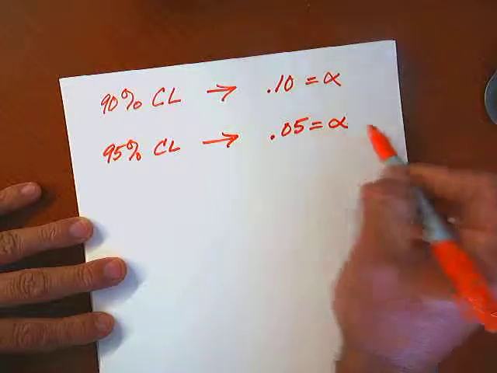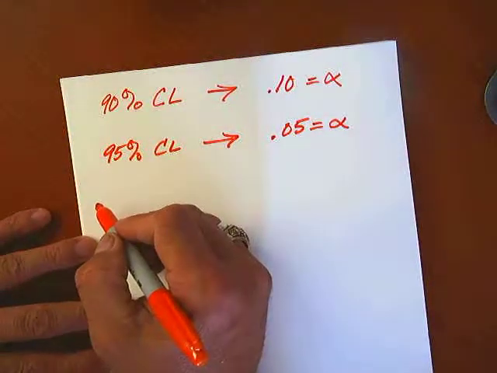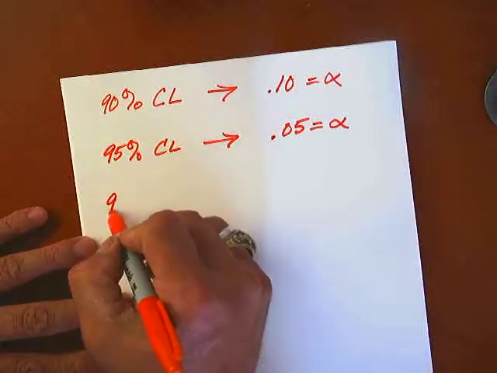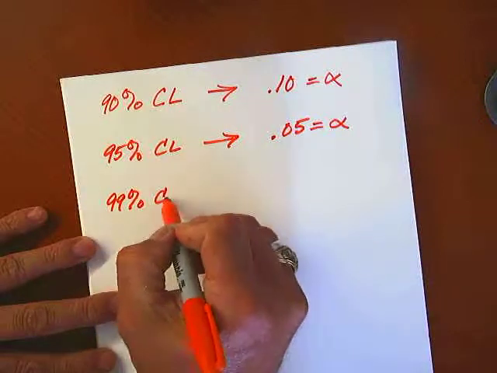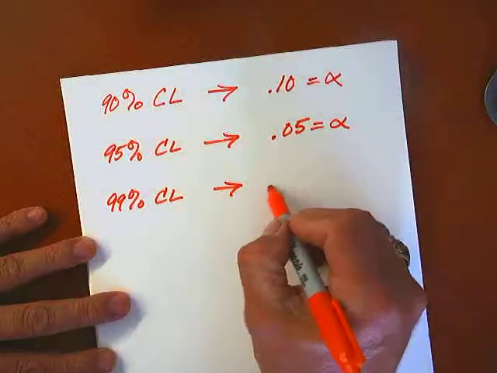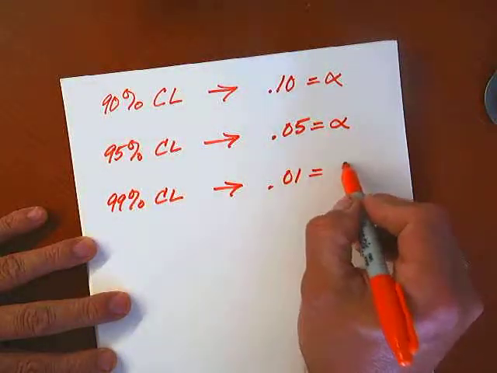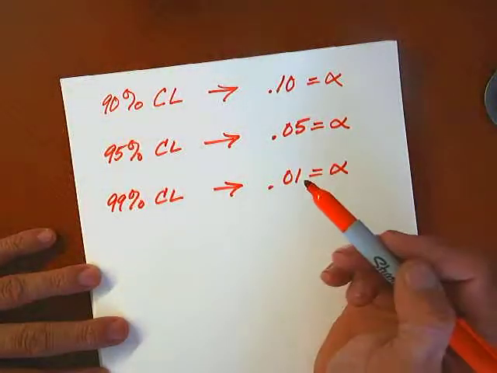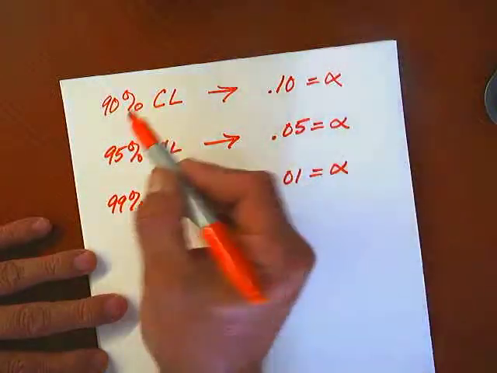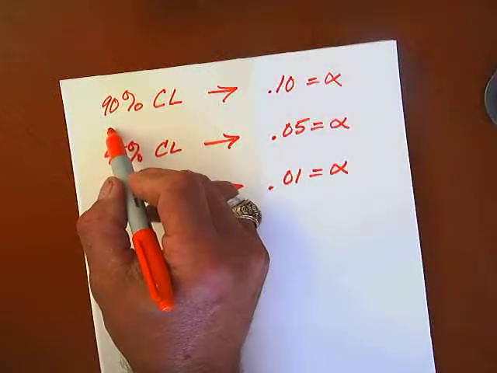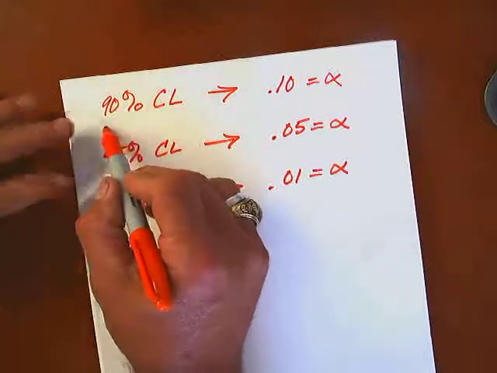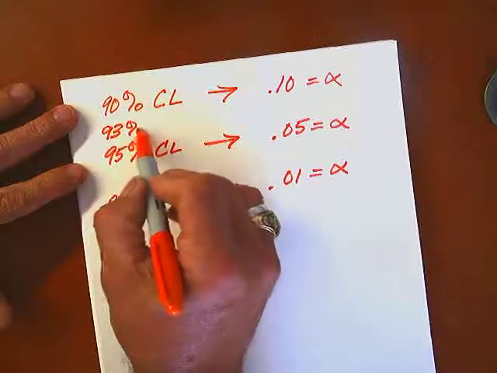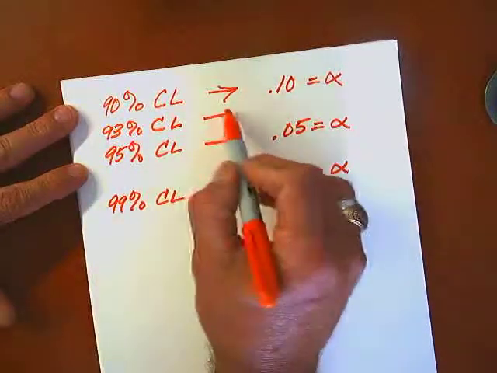So if I have a 95% confidence level, that translates into a 0.05 value for alpha. If I have a 99% confidence level, that translates into a 0.01 value for alpha. And I tell students to do it all the way from 90 to 99.